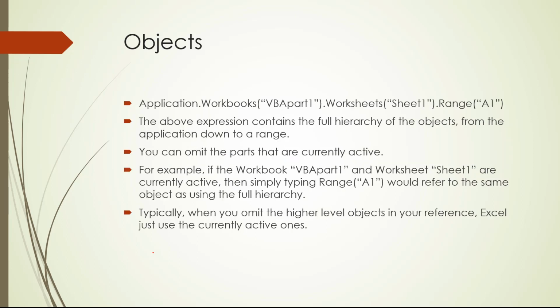The next thing I want to point out is that the example I gave you is a full reference, meaning we start from the top level and then go down level by level. We didn't skip any level in this reference. From the software all the way down to the cell, everything is included, everything is explicit. But it is possible to omit these upper level objects.